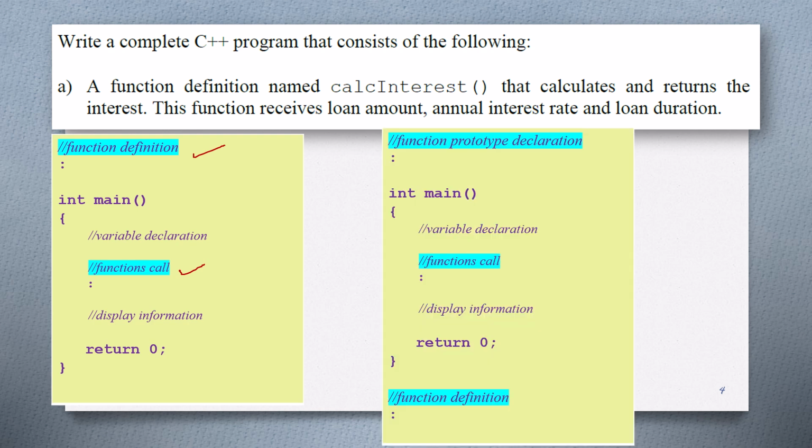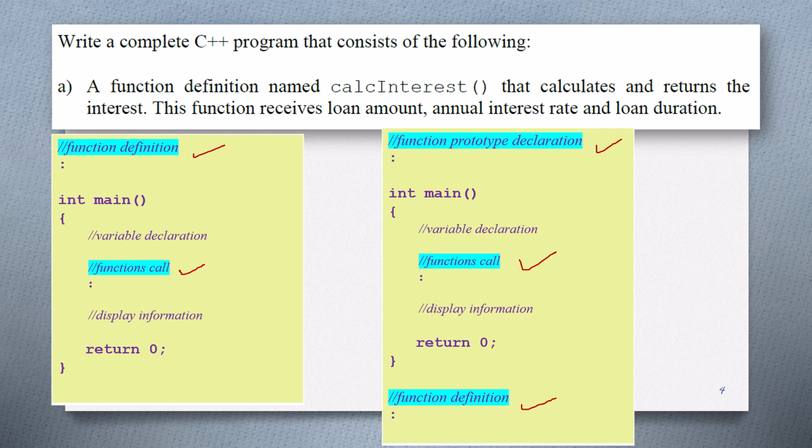But for the next version, you need to write the function prototype declaration and then call the function in the main function, followed by the function definitions. Normally the function definitions are located at the bottom, just after the main function.